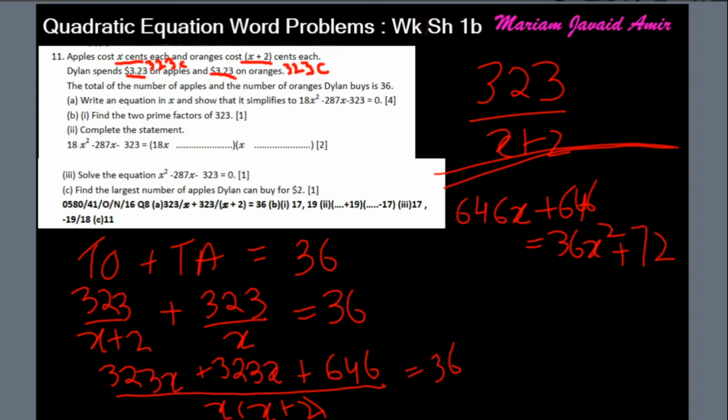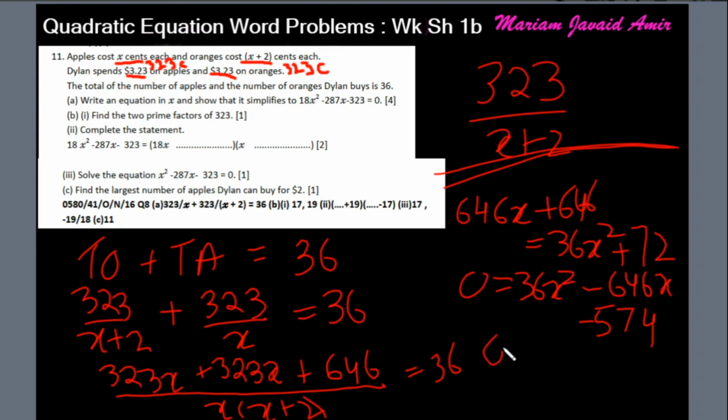Rearrange and we get 0 equals 36x square minus 646x minus 72 minus 646, we get 574. We need 18 instead of 36, so 36 divided by 18 is 2.